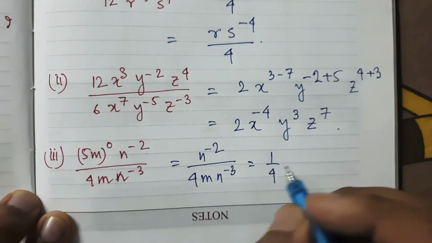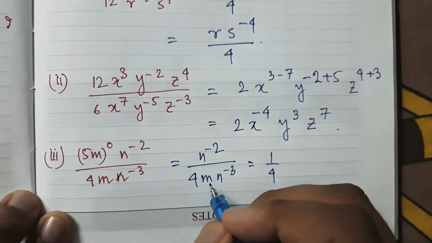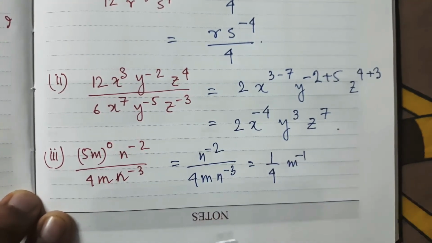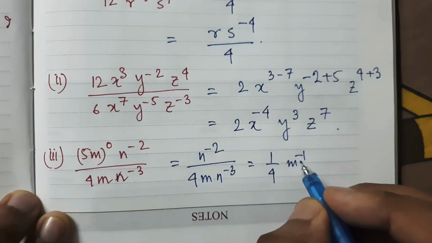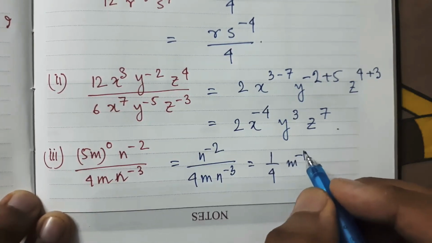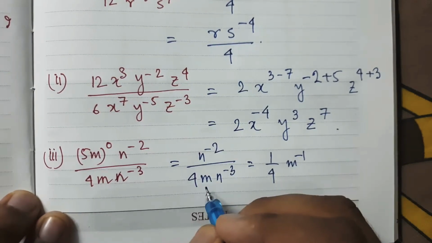So you just leave it, and then for this m, 1 by m, that means m to the power minus 1 we can write, because this is a negative exponent. So if you apply the formula of negative exponent on m to the power minus 1, you get 1 by m.